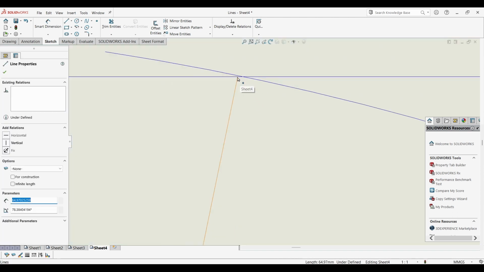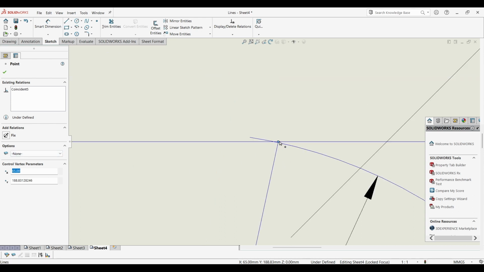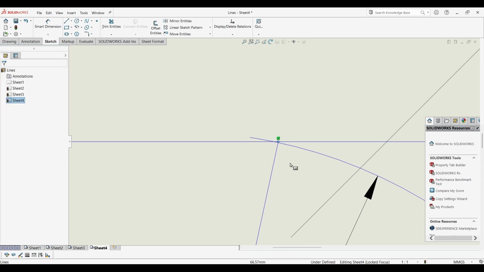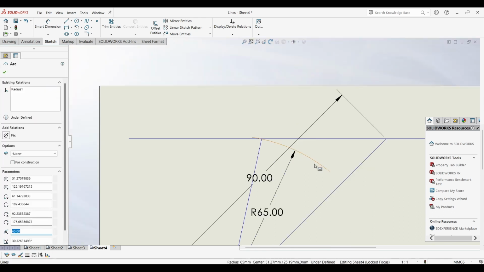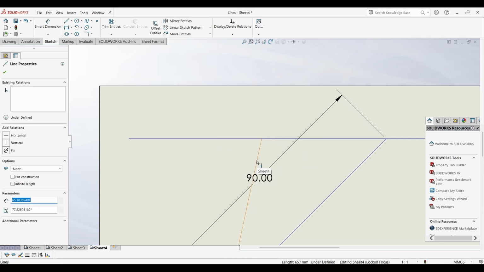This seems better. I will delete this arc. This is 65 mm from this point.